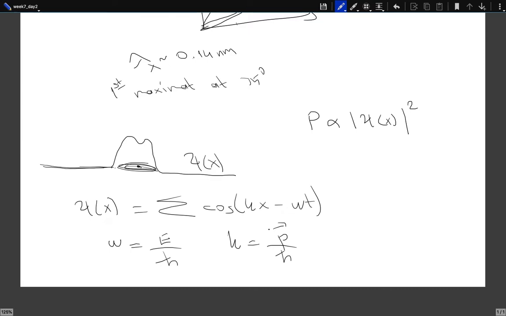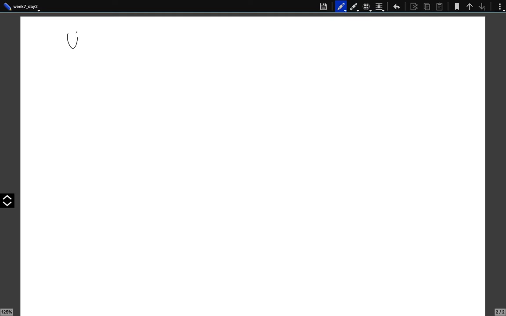So this should be our wave describing my particle. Any questions here? Because just saying that I should describe my particles as a wave will have important consequences. One of those will be the uncertainty principle.